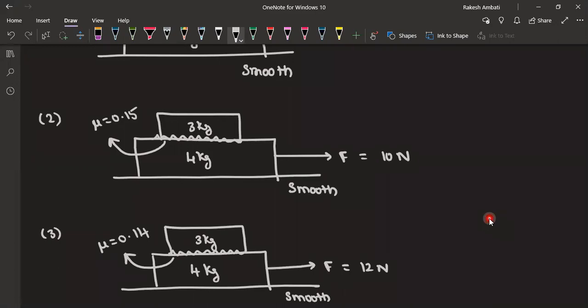Sir, in all these cases, we have to find Fs maximum and Fs, no? In all cases, we have to find how much frictional force is acting between them and what is the acceleration of each block.